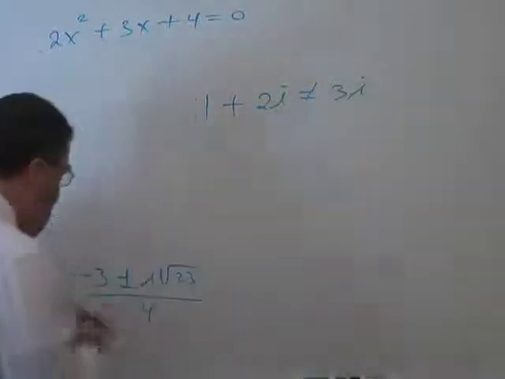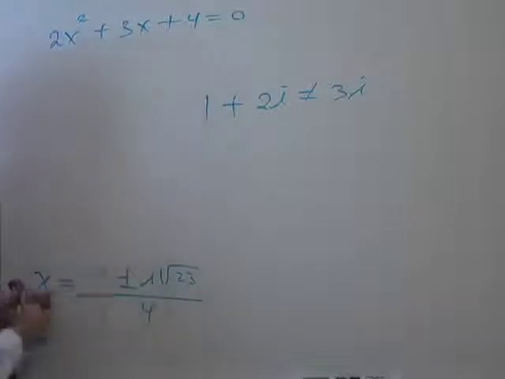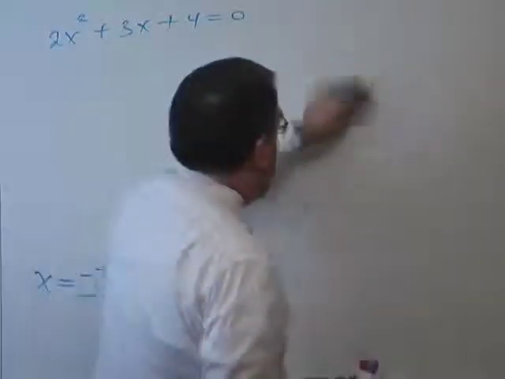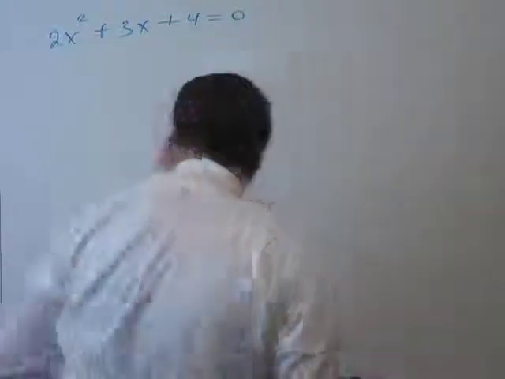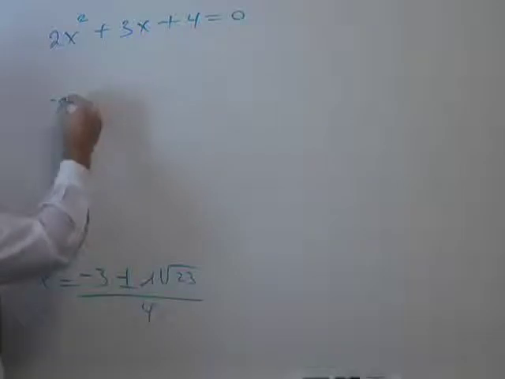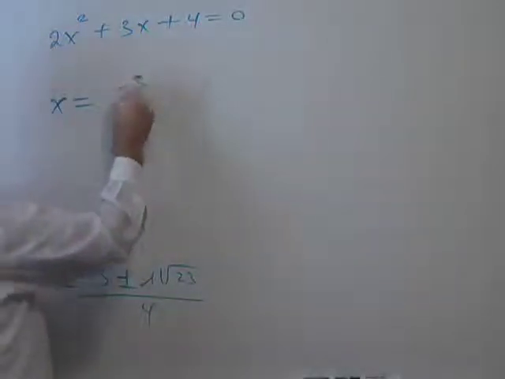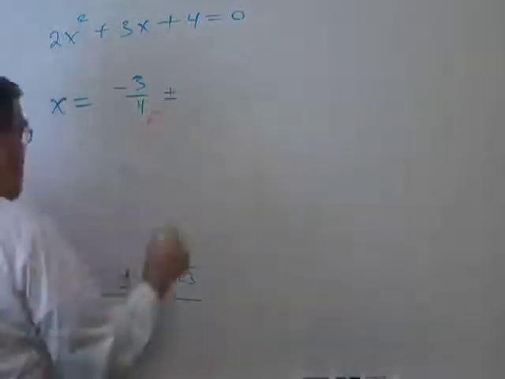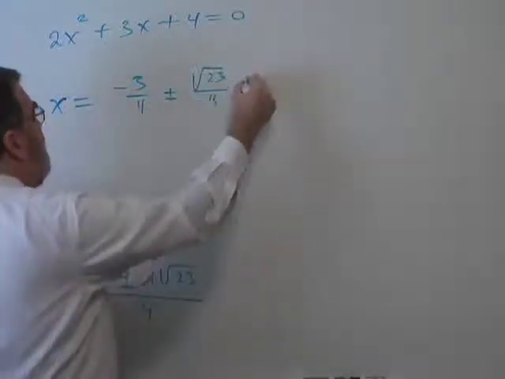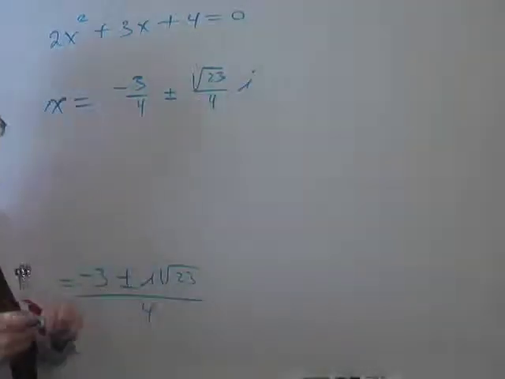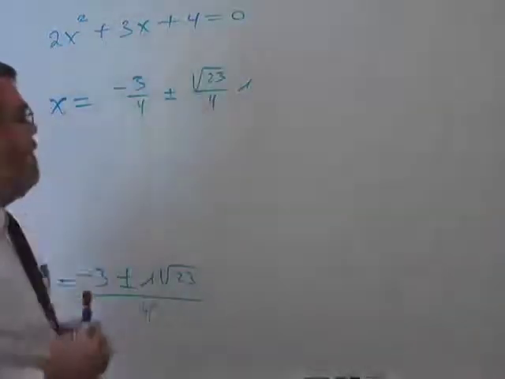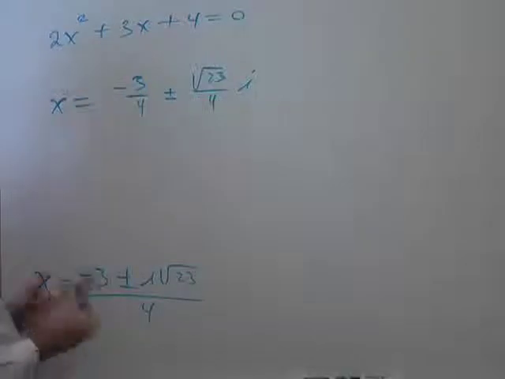Now we can't combine these numbers up here at all, since they're unlike numbers. So I'm going to split this up. x equals negative 3/4 plus or minus the square root of 23 over 4, times i. Here I put i on the right side, but it's to the right side of the entire fraction, which is fine.